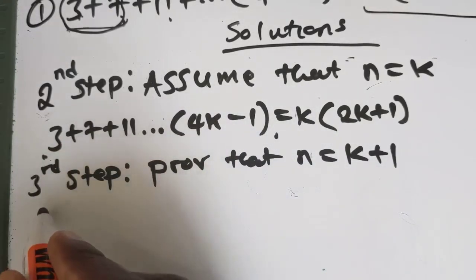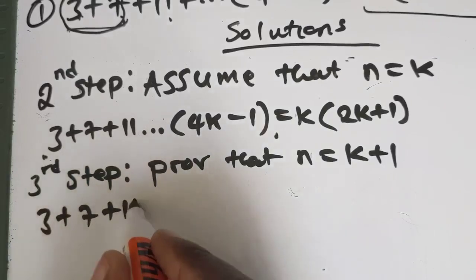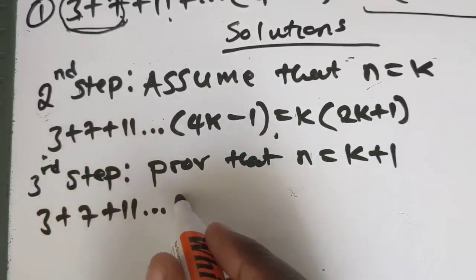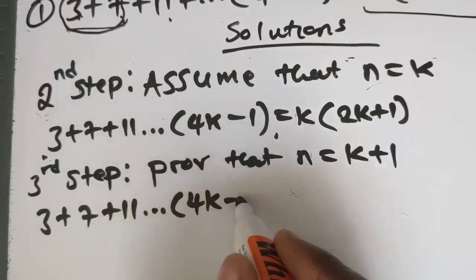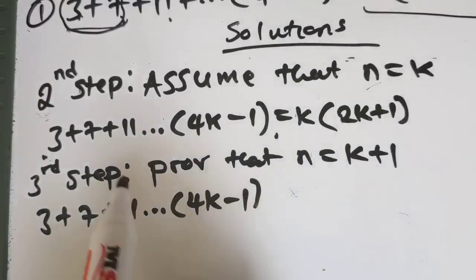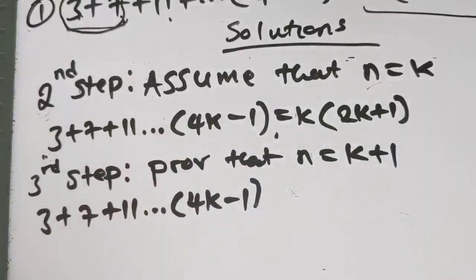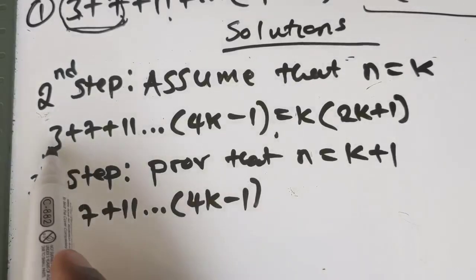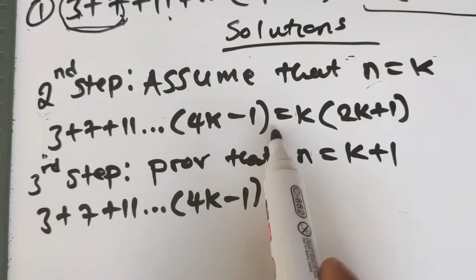So we have 3 plus 7 plus 11 dot dot dot open bracket, then we have 4k minus 1, like that. So I said that you copy from here to here. That is the first thing to do on step 3. You copy the one that you have assumed, where there is an equal sign. That's where you stop.